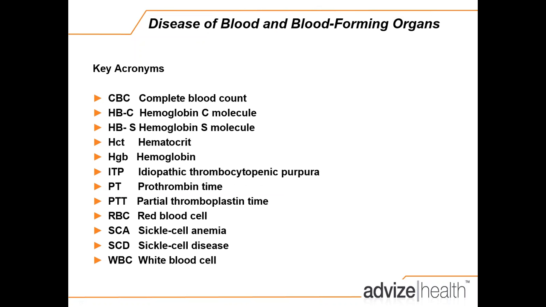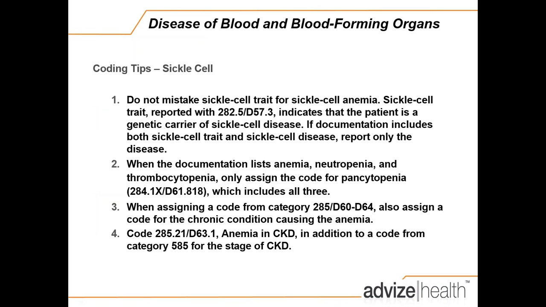Here's some more key acronyms for diseases of the blood and blood-forming organs. A lot of these are going to be labs, that kind of thing, but at least it's some common key acronyms. Coding tips specific for blood and blood-forming organs. Sickle cell. Do not mistake sickle cell trait for sickle cell anemia.